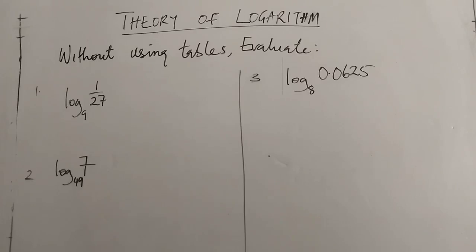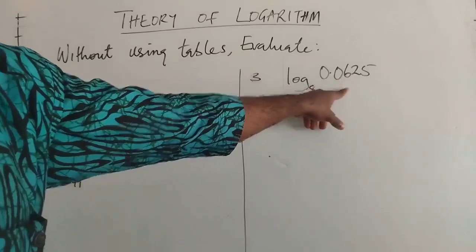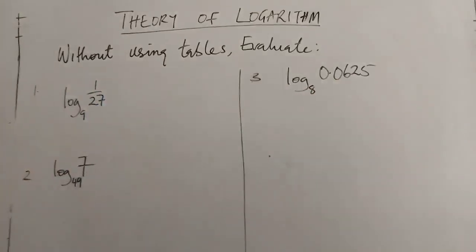The question says, without using tables, evaluate log 1 over 27 base 9, log 7 base 49, and log 0.0625 base 8.